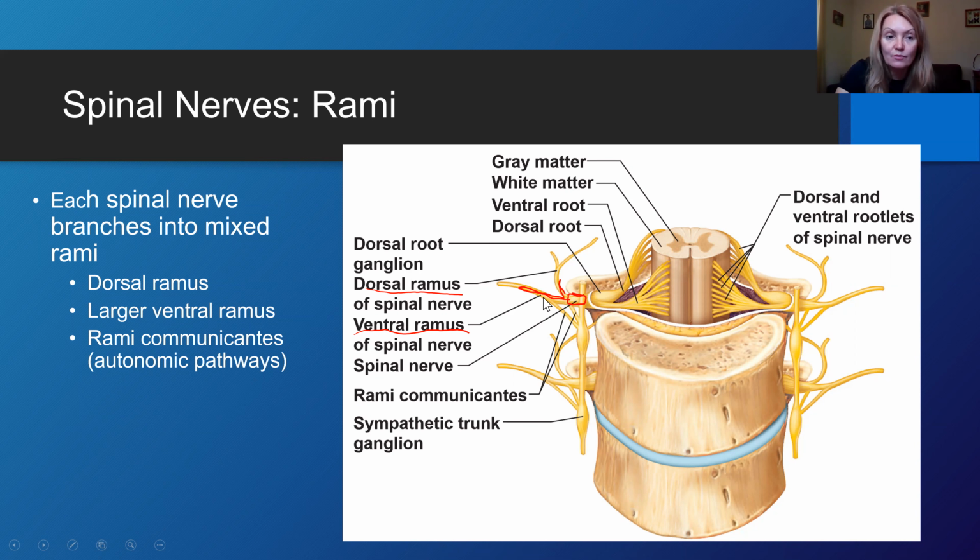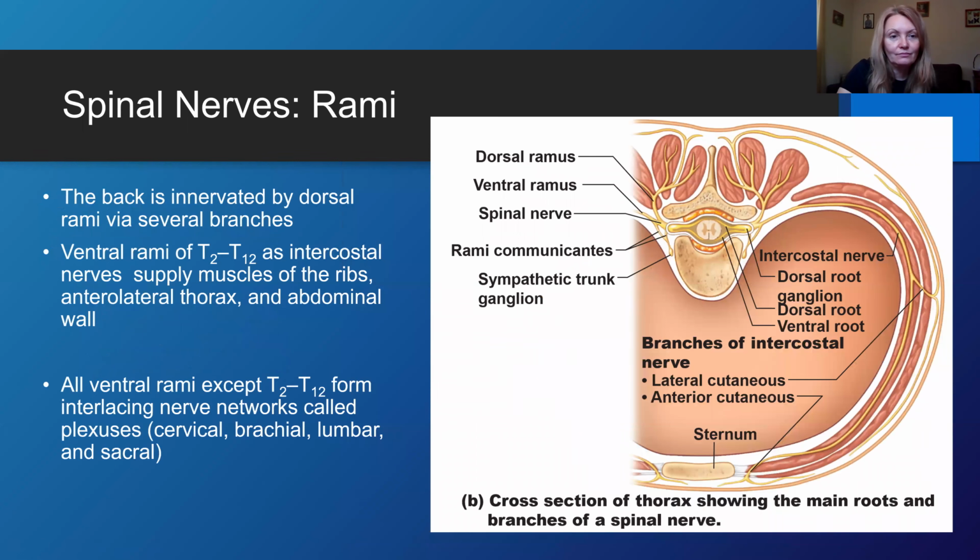The ventral is the bigger ramus. So it has over here the dorsal ramus, the larger ventral ramus, and there are some other rami called rami communicantes that are part of the autonomic nervous system, which will be discussed in future video lectures. But right now, let's look at the ventral rami and dorsal rami and see what they're going to do.